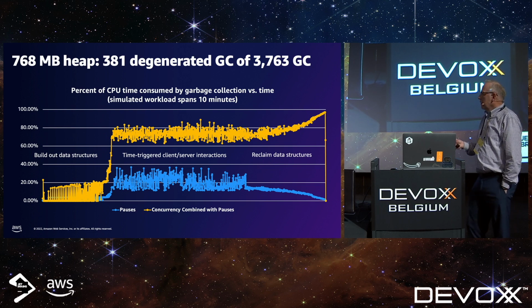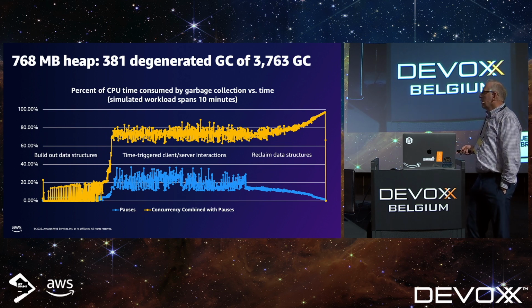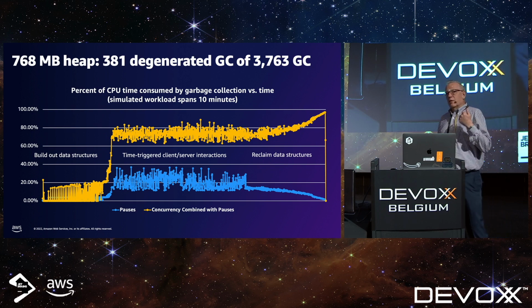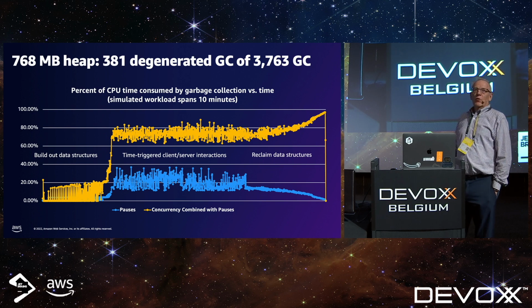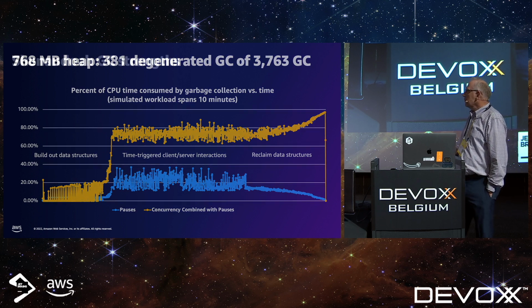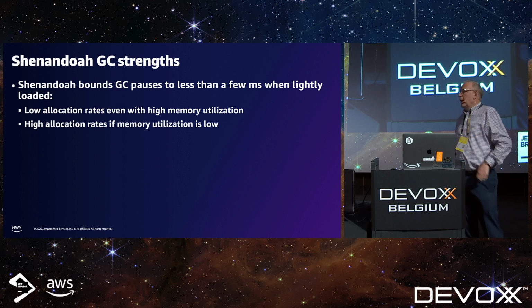And we're spending up to 400 milliseconds out of every second in a pause while the Shenandoah stop-the-world degenerated mode is trying to catch up. So if you go back to the motivation for generational Shenandoah, it's to allow us to win these races more often, basically win these races consistently all the time.